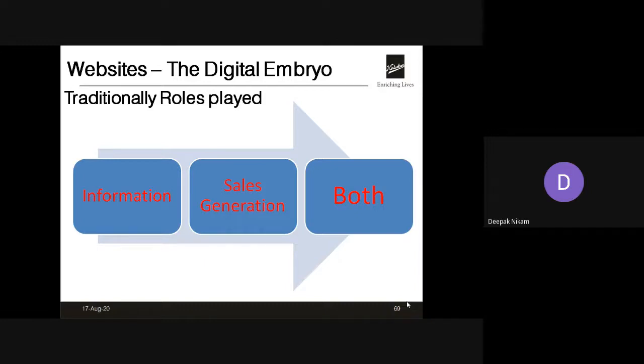So you have, let's say, a website for Tata Motors or Mahindra or whatever. And what you have seen in the last 2 years on most of these sites is that they have gone from an information base to a sales base also. They are generating sales and they are able to book cars online now.